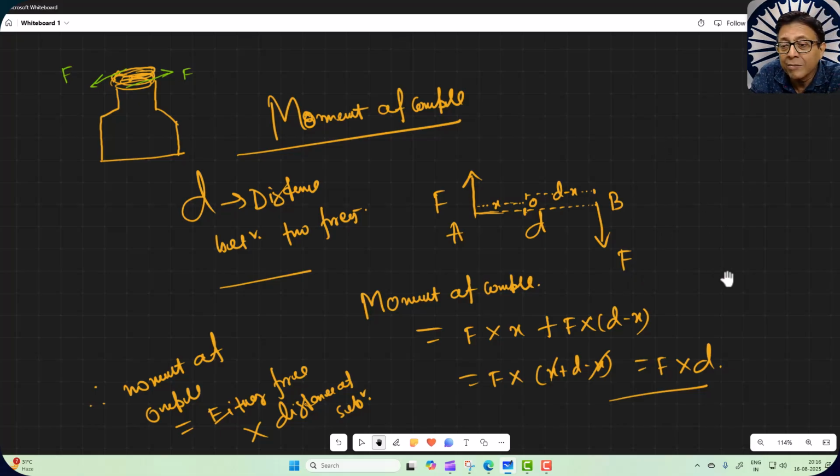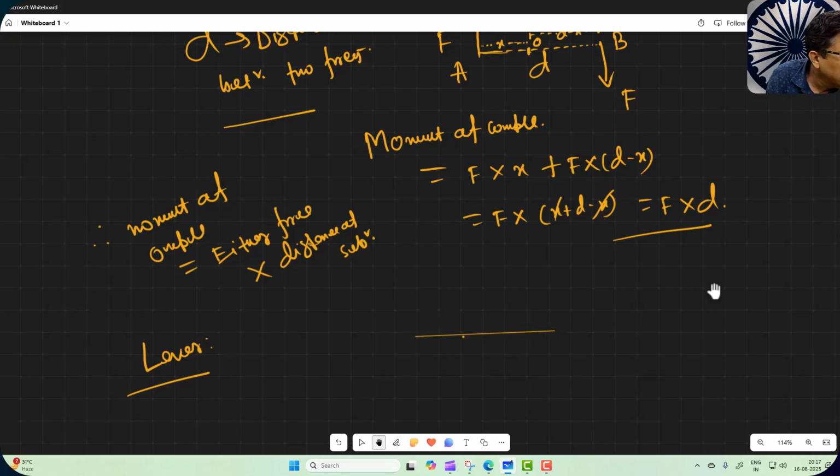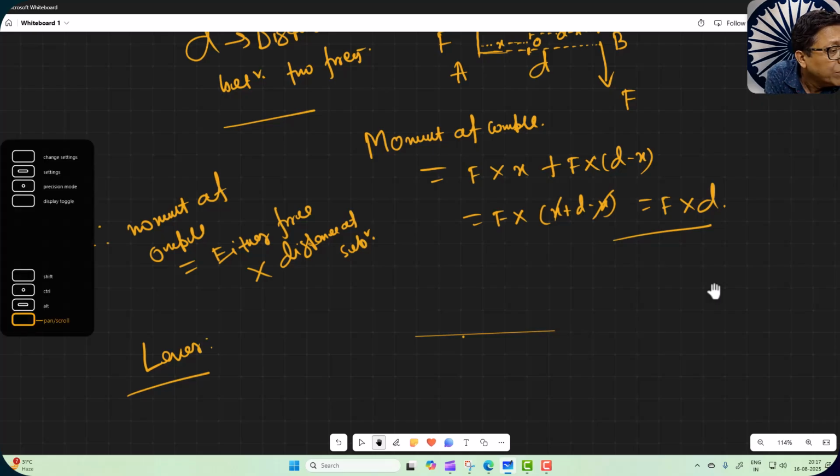Now imagine there is a lever. Okay? Lever has many examples in nature. I am taking just this one. A lever will be pivoted at a point, maybe a seesaw, maybe a straight bar, whatever. Okay?